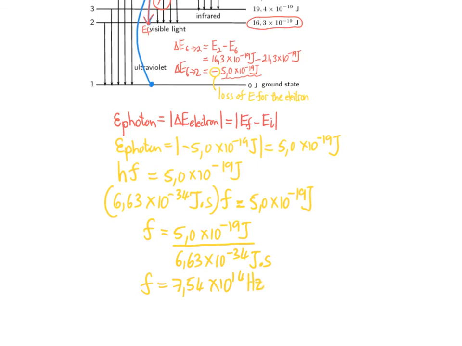Now, when we work with very big numbers, we work with certain prefixes, and we have already worked with M for mega, which is times 10 to the 6, G for giga, which is times 10 to the 9, and now big T for tera is times 10 to the 12.